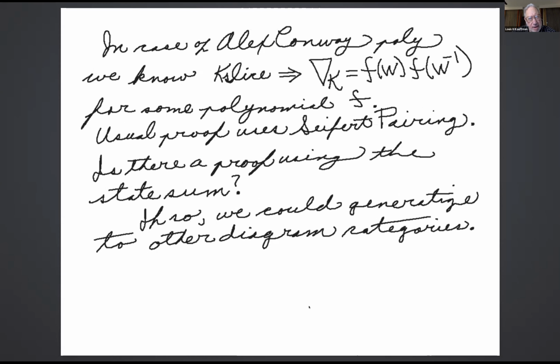A problem that I'm interested in, but I think I'd best not try to give you a talk on it right now, is the following situation. We know that if you have a slice knot, a knot that bounds a disk in the four-ball, a classical knot, well then its Conway-Alexander polynomial is of the form f(w)f(w inverse).